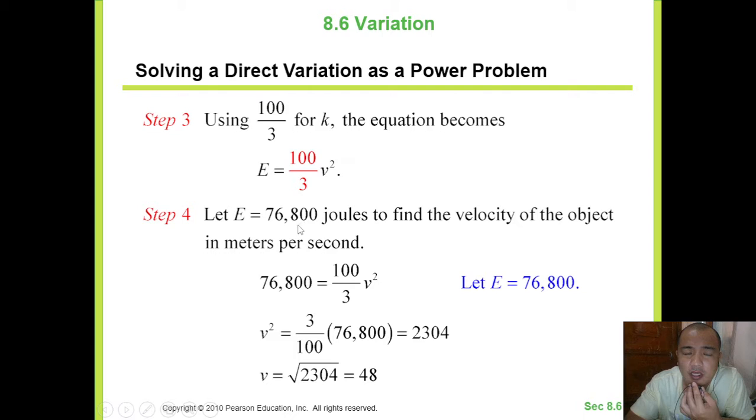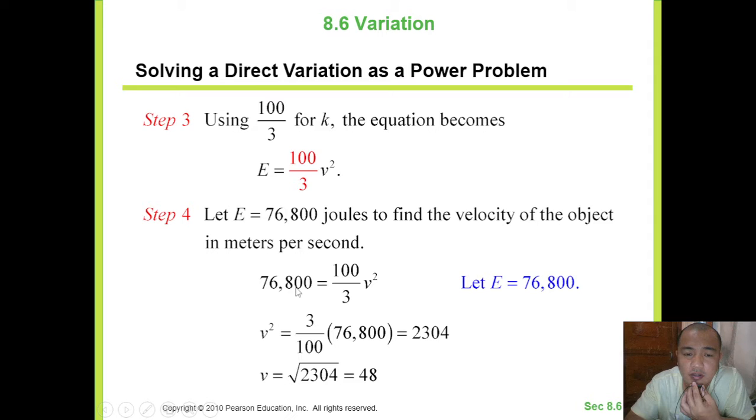Now, step 4. If the kinetic energy is 76,800 joules, find the velocity of the object. V. So what will we do here? Multiply 76,800 by 3 divided by 100, or 3 over 100 times 76,800.